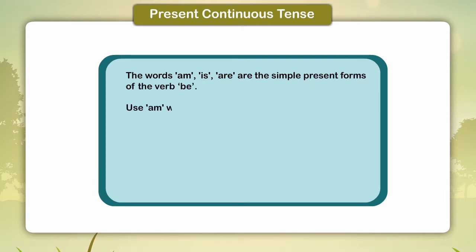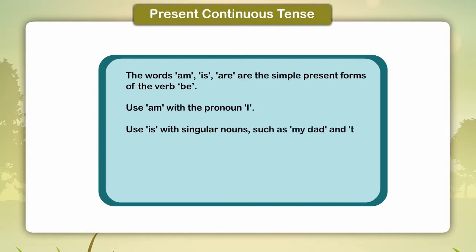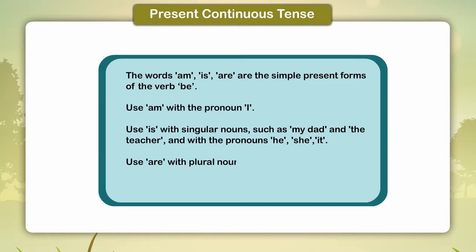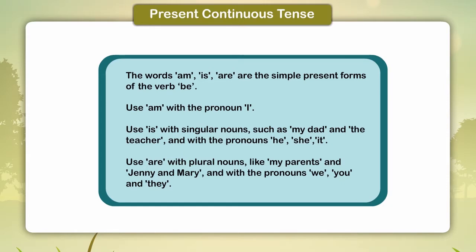Use am with pronoun I. Use is with singular nouns, such as my dad and the teacher, and with the pronouns he, she, it. Use are with plural nouns, like my parents and Jenny and Mary, and with the pronouns we, you, and they.